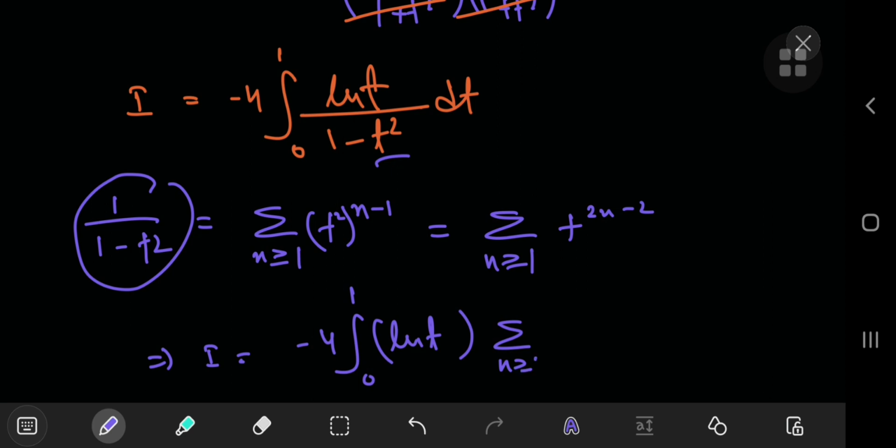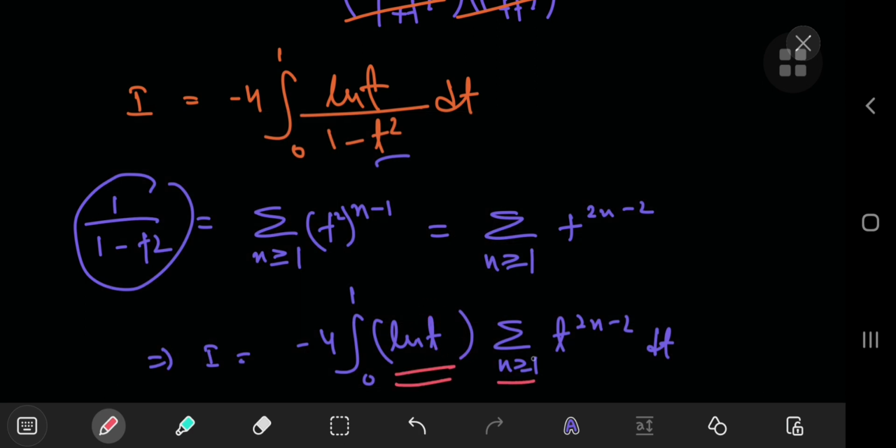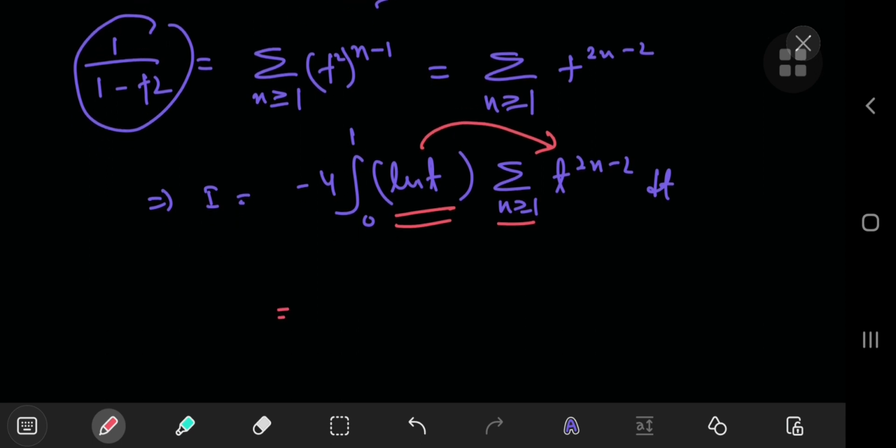times this infinite sum. Now, this logarithm function is independent of n, so you can just slip it inside the sum. And because we know that our integral is convergent, the corresponding sum we get when we switch up the summation and the integration operators is convergent too.